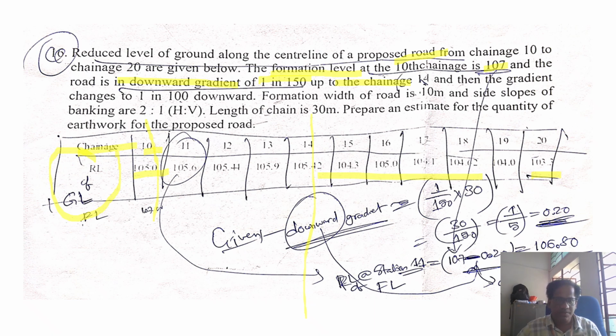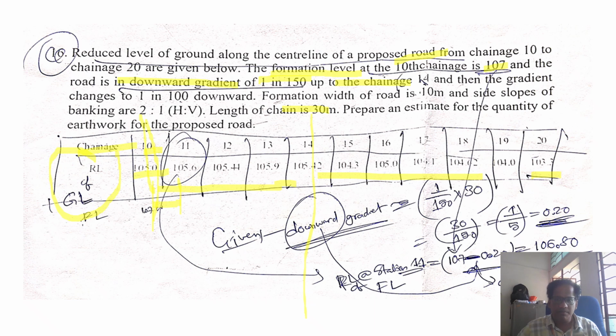So that means here it is very interesting. Two downward gradients are there, but we don't worry about it. The downward gradient here is 1 by 150 with an interval, so the chain length is given as 30 meters. So 30 by 150, that we have to deduct from the first formation level 107.